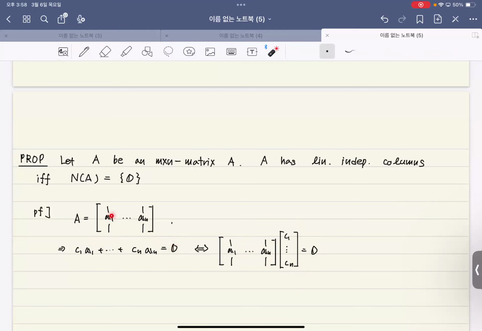Therefore, these columns are linearly dependent. However, if the only solution of this matrix equation is 0, in other words, if C1 to Cn are necessarily all 0, that means the null space of A equals 0, then the only possible solution of this vector equation must be the trivial solution. So this condition and that condition are mathematically equivalent.